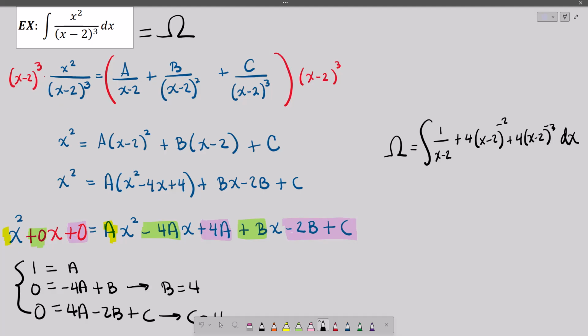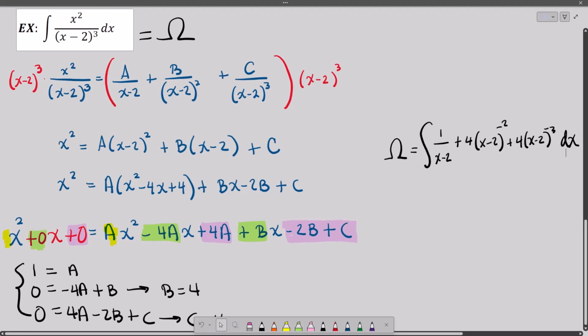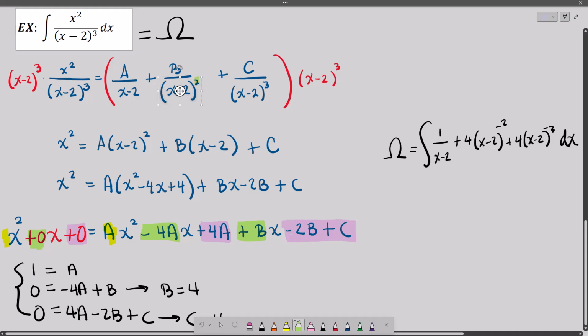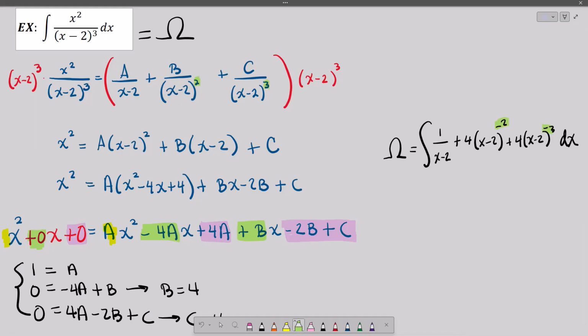And with these denominators with the square and the cube, it's easiest to bring those up so that you can use the power rule. So we will end up with natural log, and then minus 4 over x minus 2.